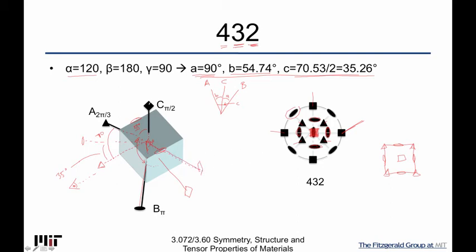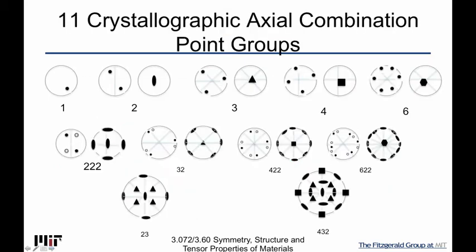So as you go from the top and just rotate around on the great circle that's perpendicular to your eye, you would see fourfold axis, twofold axis, fourfold axis, which is why we get that kind of stereographic projection. And that is 432.